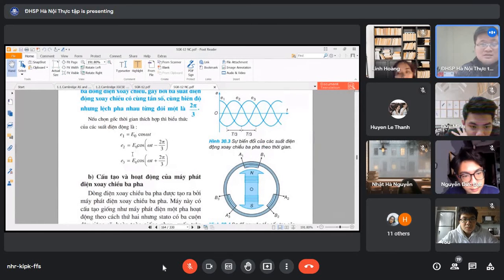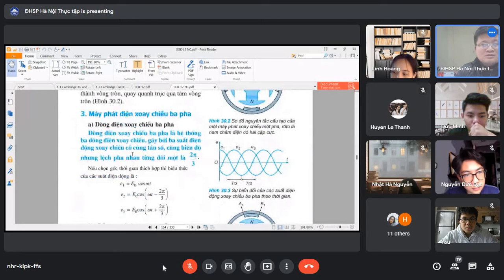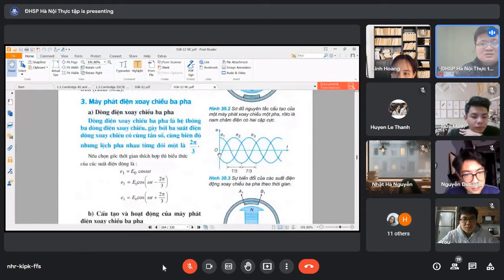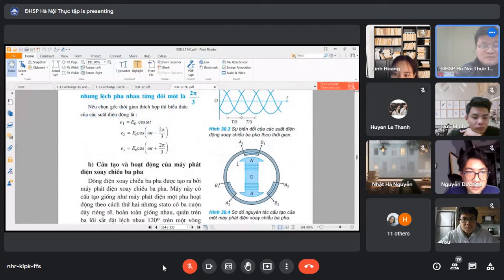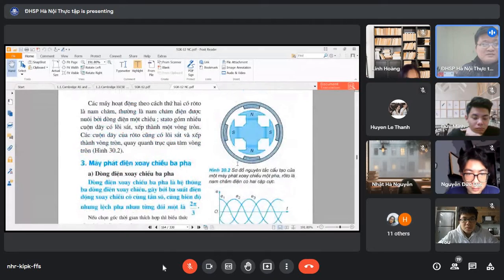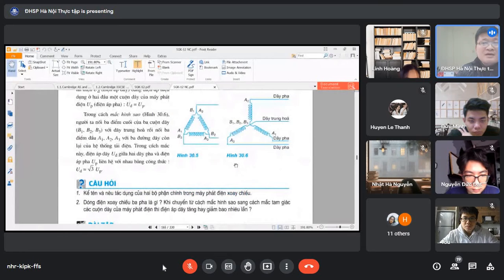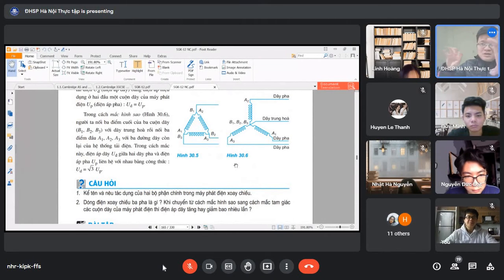And this kind of generator doesn't only generate 1 EMF, but 3 EMFs. And this one has a lot of applications in real life. Yeah, so it is an extension from the 1-phase generator to the 3-phase generator. And when we have 3 phases, then we also need to connect the generator to different places.